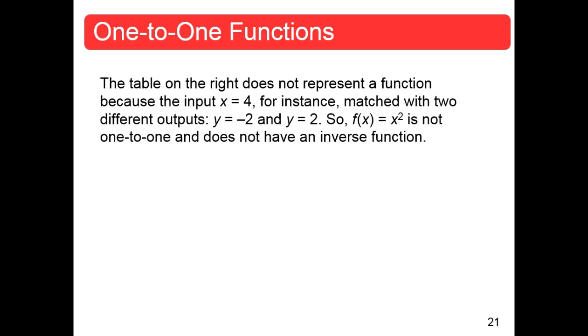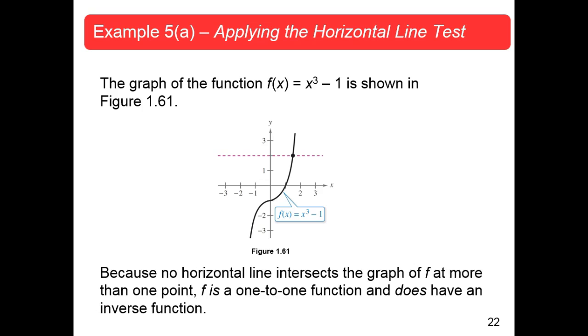So f of x equals x squared is not one-to-one and does not have an inverse function over all real numbers. If, however, we limit the domain to just this half or this half, then it is one-to-one. And those would have inverse functions.